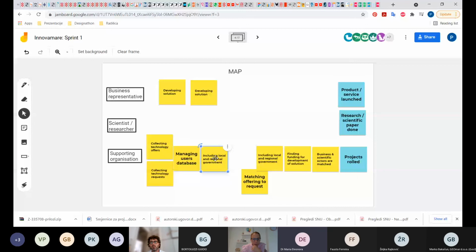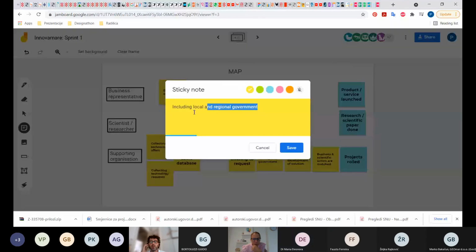I also agree with this last input, because yes, support is important. I believe it helps even to understand and design the specific activities or support that are really needed when doing the matching and the connection between offers and requests.